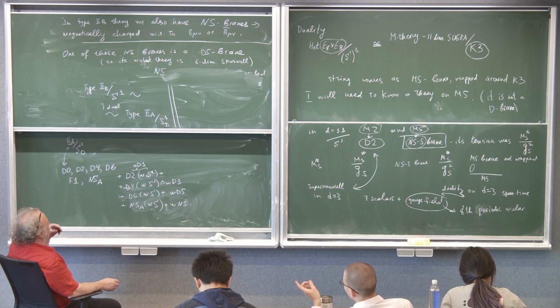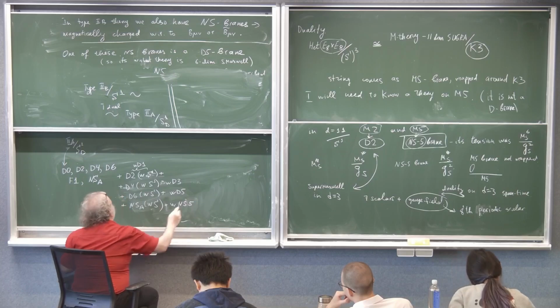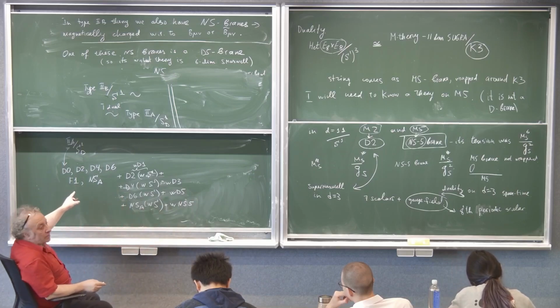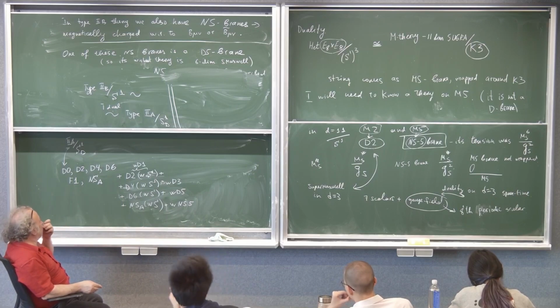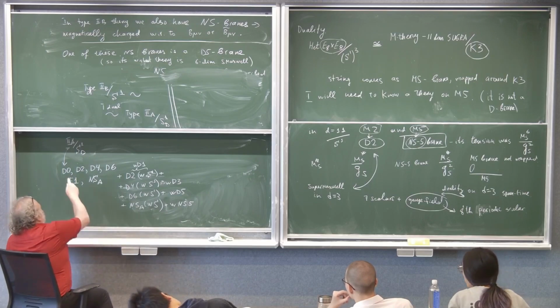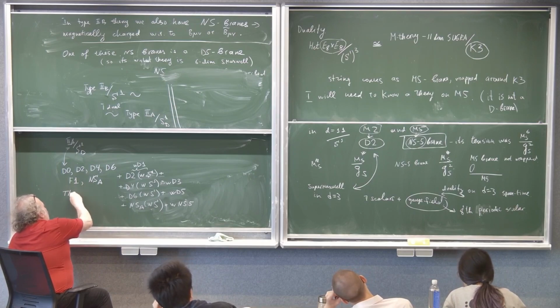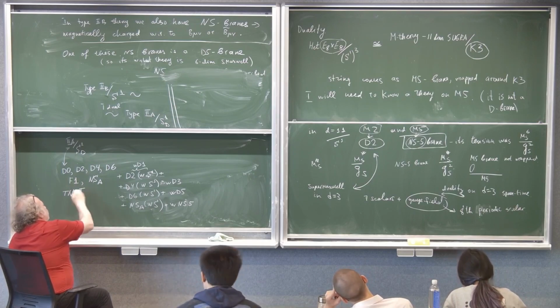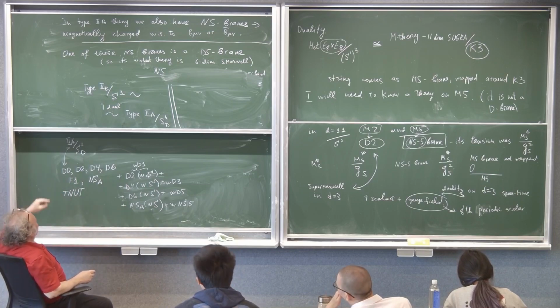Are you trying to write down all the possibilities? However, I missed something. So what I definitely missed is the Taub-NUT that I will definitely have here.